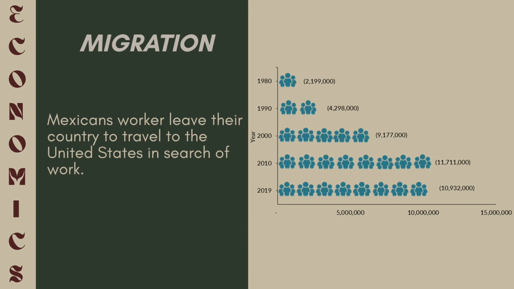So, migration. Mexican workers leave their country to travel to the United States in search of work. So the continuous growth of their population kay nakaproblema siya sa economic prosperity ng mga people, which means yung mga economic opportunities is not that visible in their country.